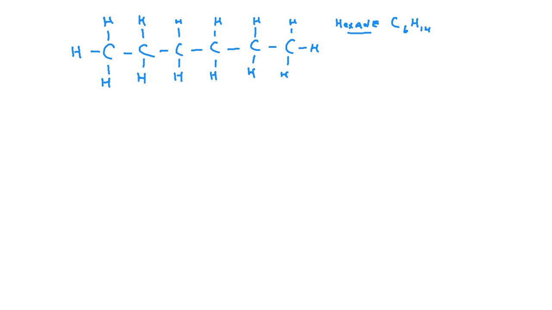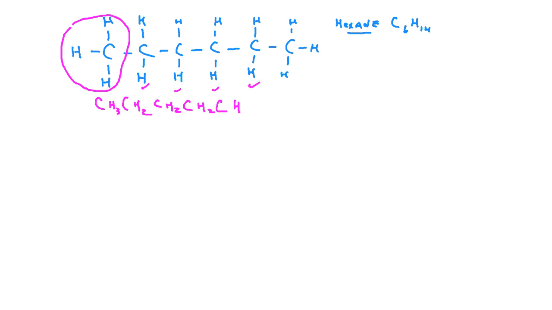Now remember our compact form. I'm going to do this in a different color. At the end here, we have a CH3. Then we have a CH2, then a CH2, then a CH2, then a CH2, and then on the end a CH3.